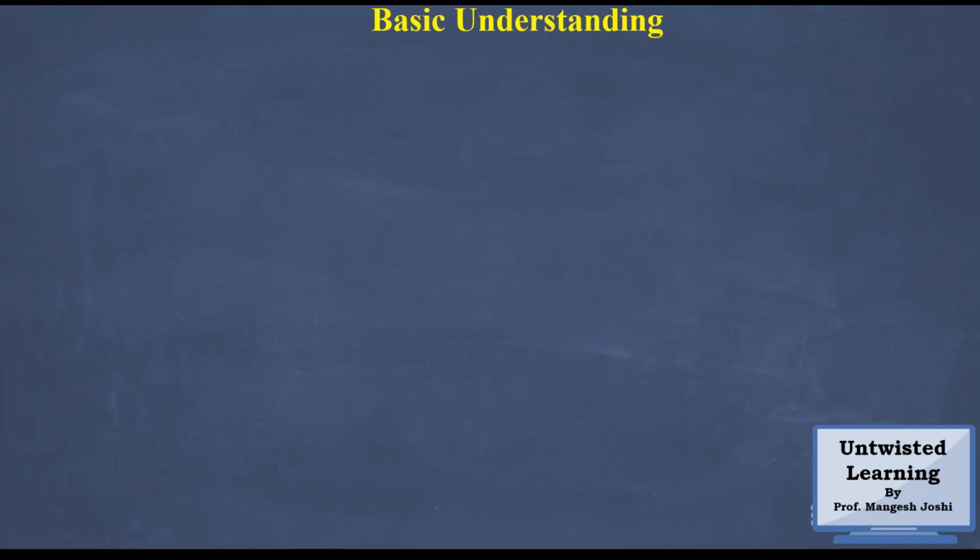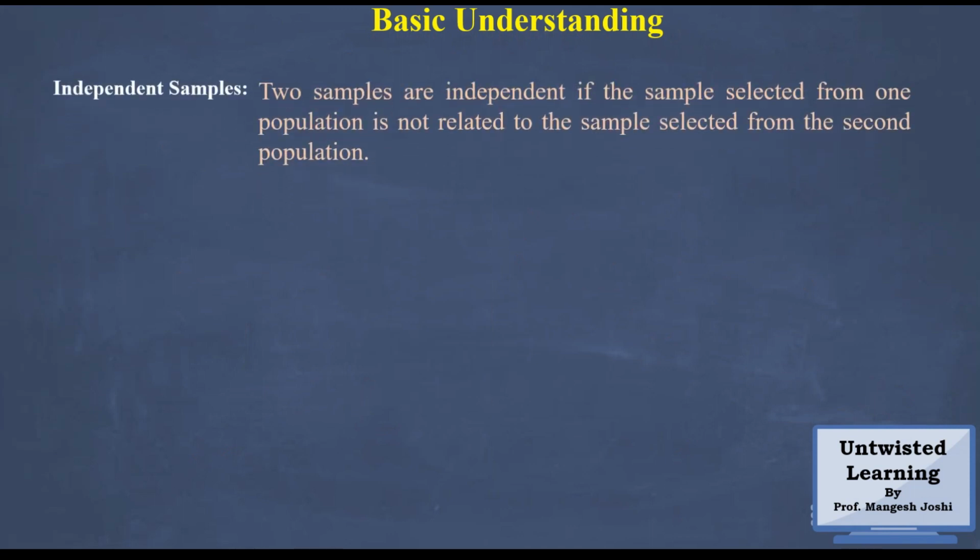So let us generate the basic understanding. The first term is independent samples. Two samples are independent if the sample selected from one population is not related to the sample selected from the second population.